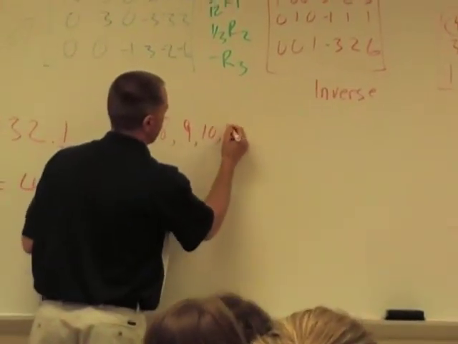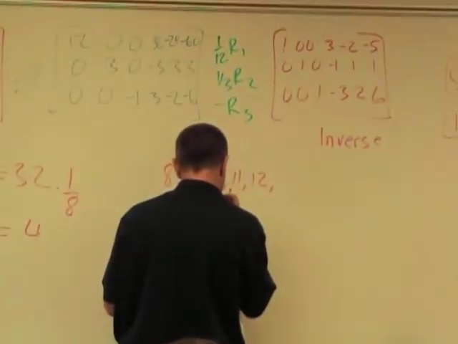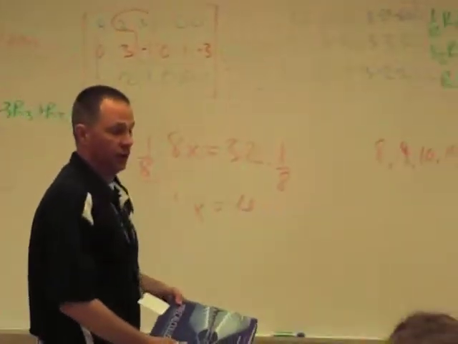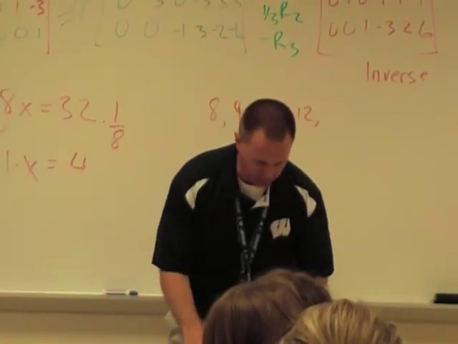9, 10, 11, 12. Let me see what that is in the book. Yeah, we did 9, 10, 11, and 12 last night. So you got the inverses for those, and you checked them today in the book. I showed you the answers, right? So we check those.